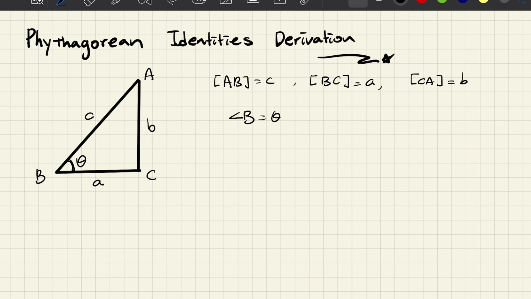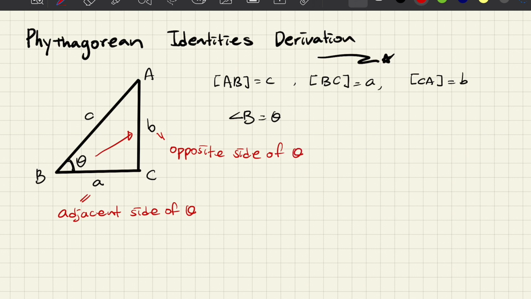In this figure, we know that the opposite side of the angle theta is small b, the adjacent side of the angle theta is small a, and the hypotenuse is c. So let's write this as the adjacent side of theta, b as the opposite side of theta, and c is our hypotenuse.